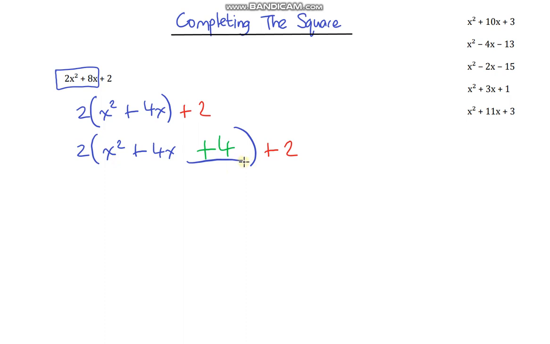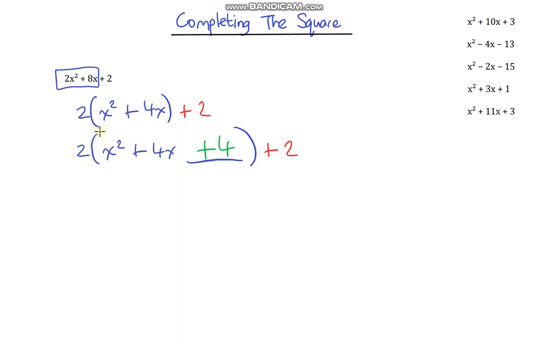But at this stage, I just want you to pause the video and think about what I've actually added on. Although I've written plus 4, have I added on 4 to my expression? And think about what I did right at the very beginning. Okay, I'm assuming you paused the video and had a think about that. Although I've written plus 4, I haven't actually added on 4 to my expression.